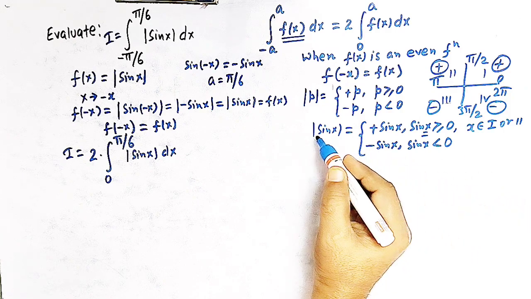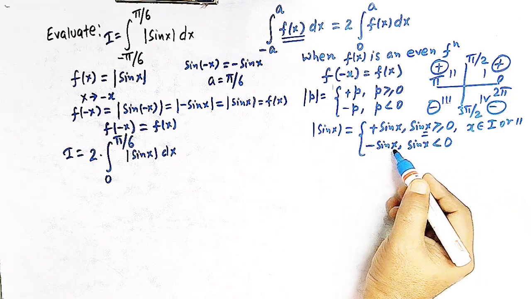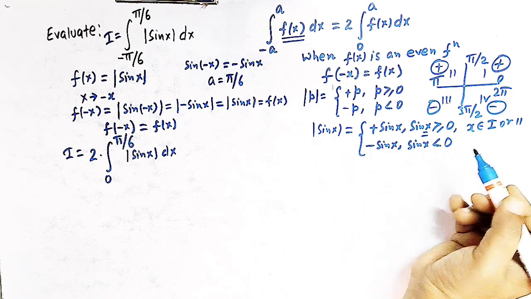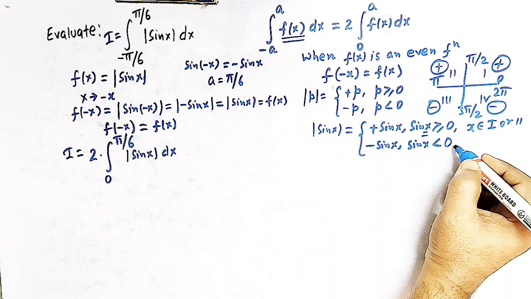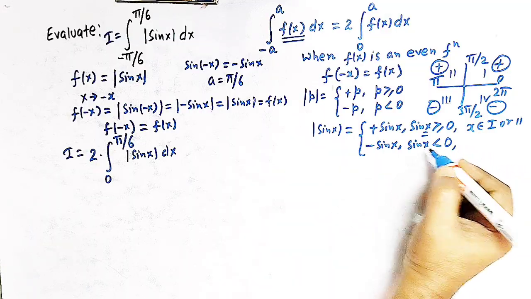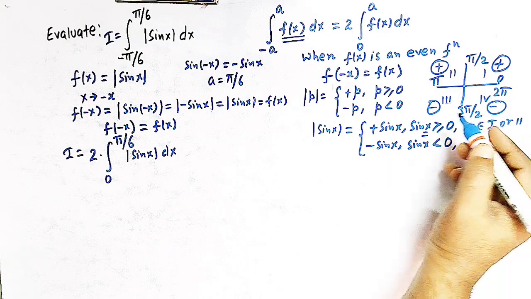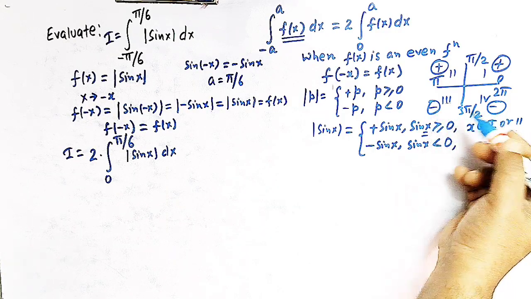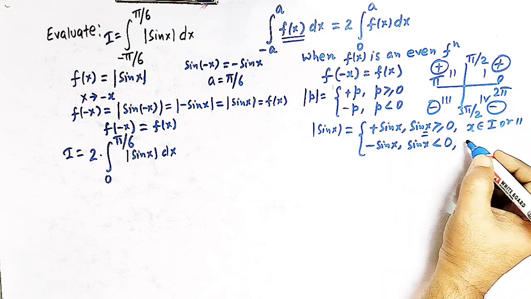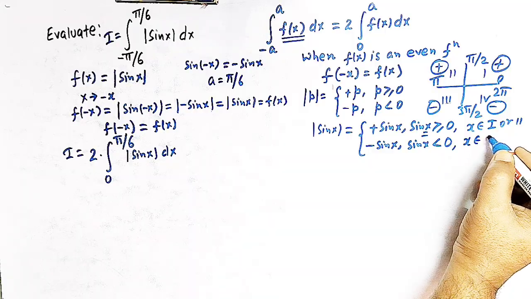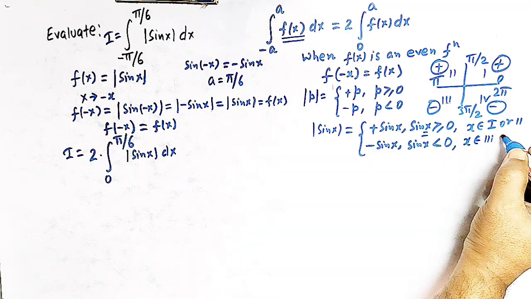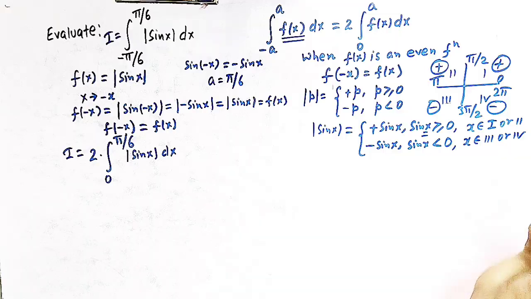And mod of sin x is equal to negative sin x when sin x is less than 0, and this implies that sin x is negative when x belongs to either the third quadrant or the fourth quadrant.